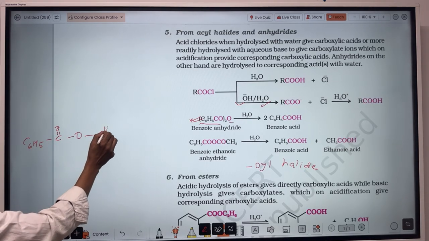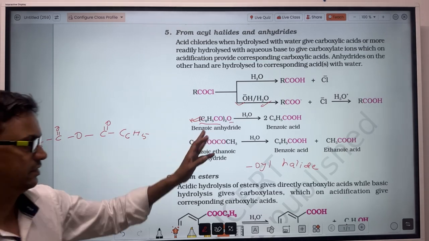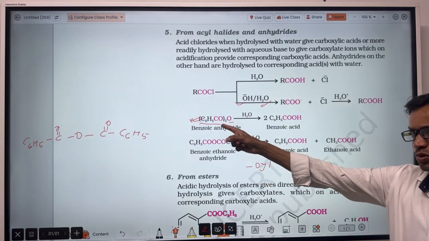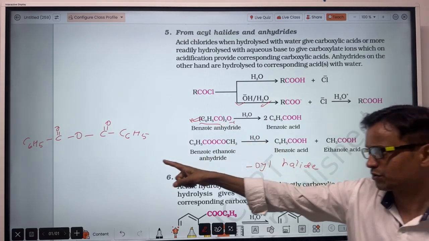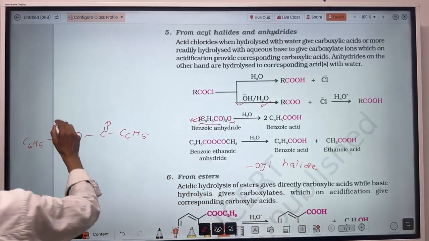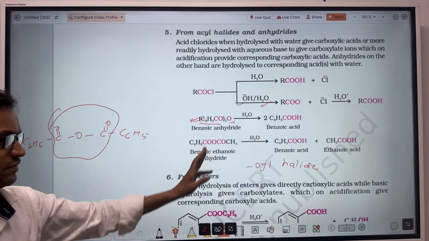Like that also here C double bond O and C6H5. That means C6H5 C double bond O. Like this one, two groups are bonded to one oxygen. Whole this structure will be called acid anhydride, and here benzoic and here benzoic. So that's why benzoic anhydride.